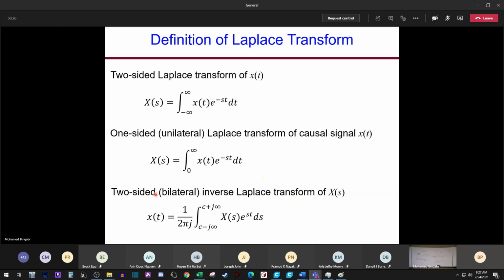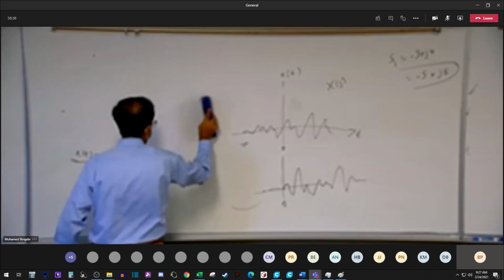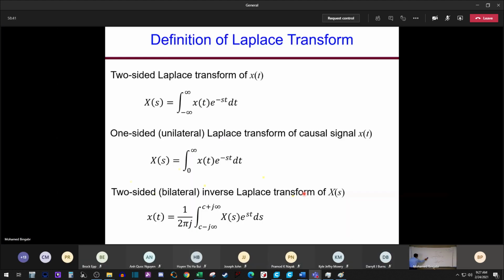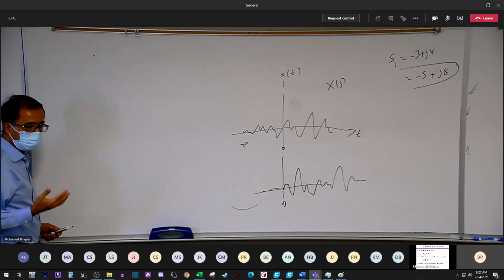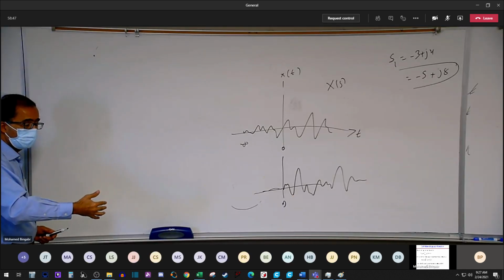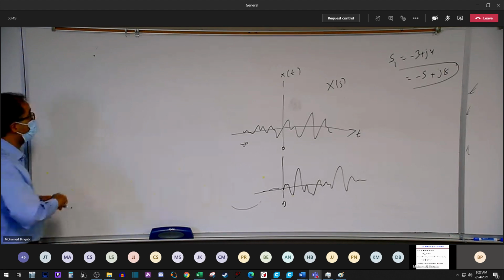Now, how do we get the inverse Laplace transform? So let's assume you have x of s. You measure the signal, you got x of t, you did the Laplace transform, you got x of s.